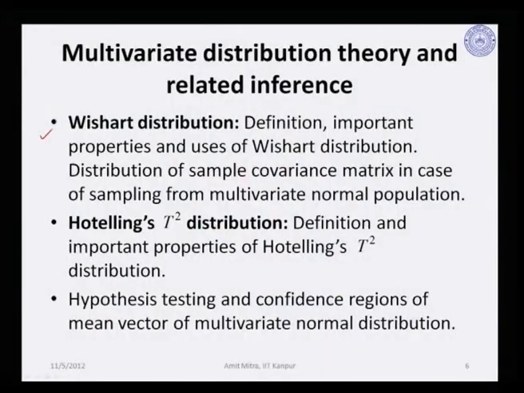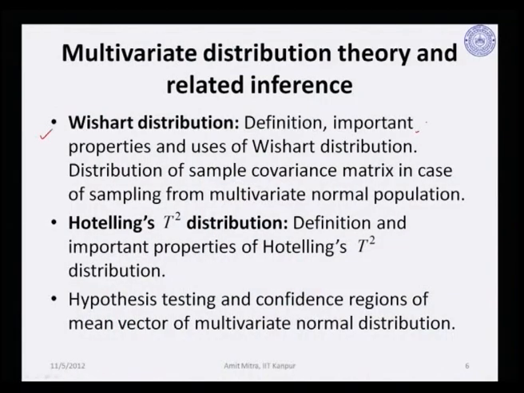So, we will look at a basic definition of a Wishart distribution, and in what sense it is a generalization of a chi-square distribution. For p equal to 1, in such a multivariate normal setup, we will see that a Wishart distribution corresponds to a central chi-square distribution in the univariate distribution theory.